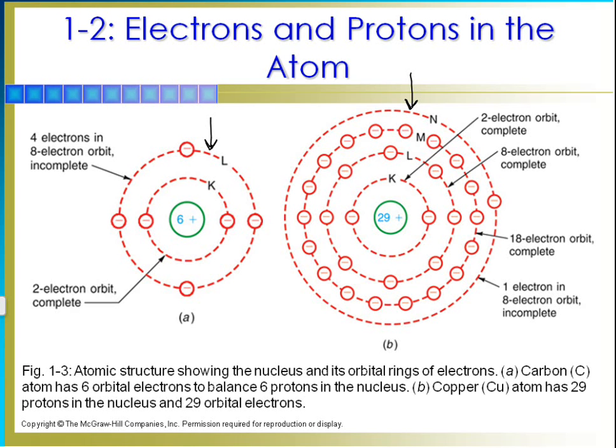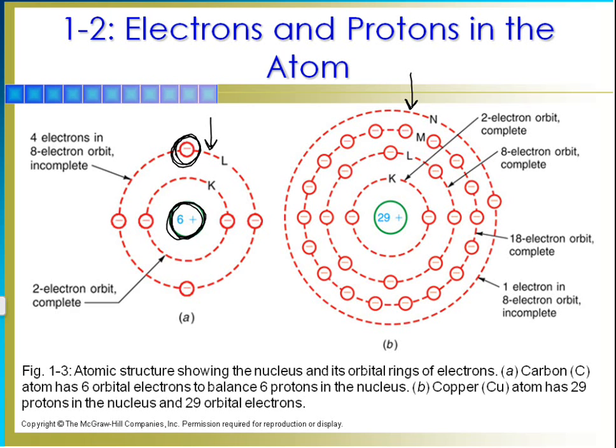That means there are 6 protons in the nucleus of the carbon atom, and there will be 6 electrons orbiting that nucleus. As long as you maintain those 6 electrons and those 6 protons, you have a balanced unit, and it is a neutral charge. No charge to it whatsoever.